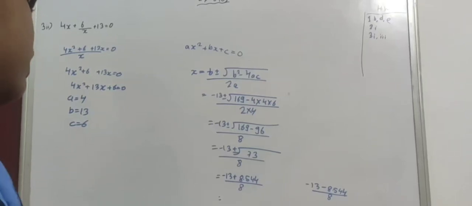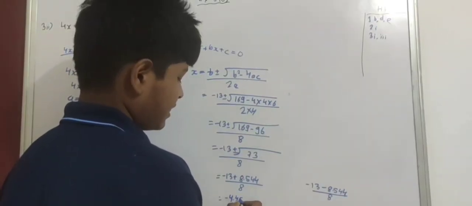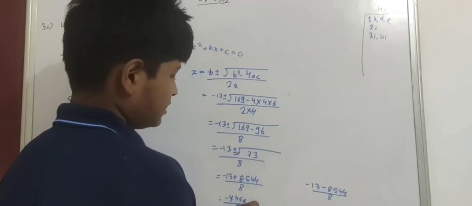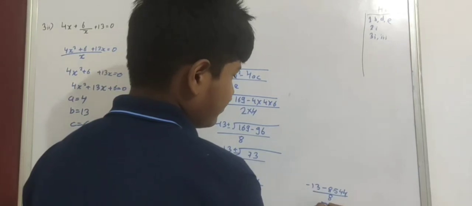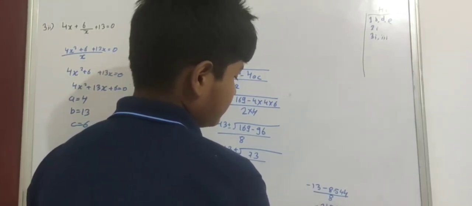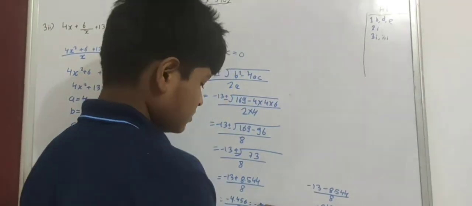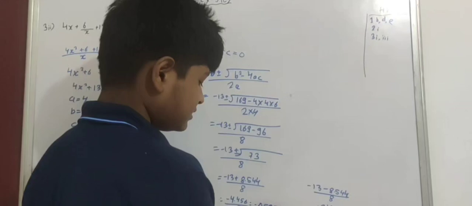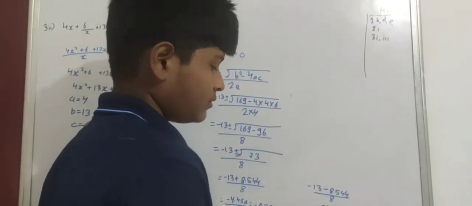So plus and minus is minus, taking the sign of the bigger one, that is minus, we will get minus 4.456 divided by 8, and on this side you simply have to add. Now here we will have minus 0.557, and this side you have minus 2.693.